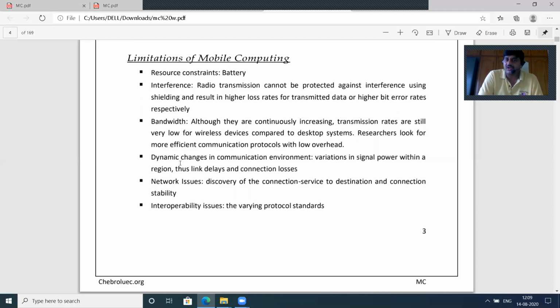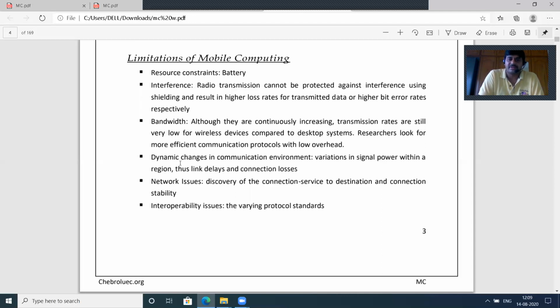Radio transmission cannot be protected against this interference using shielding. If it is a physical thing, we can restrict it by using shielding, but if it is a radio transmission, we cannot protect against the interference using shielding.